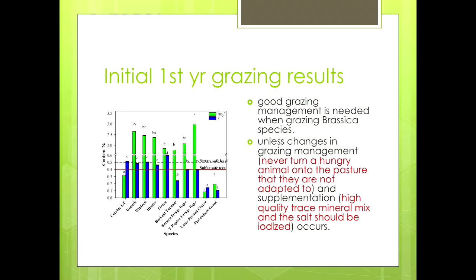What this slide does identify is a potential problem that you must be aware of if you're going to be using these species. First off, the Brassicas are nitrate concentrators. So when you have that freezing event, you could wind up with nitrate poisoning of your animals if you're not careful. They could overeat and give you a different table decoration.